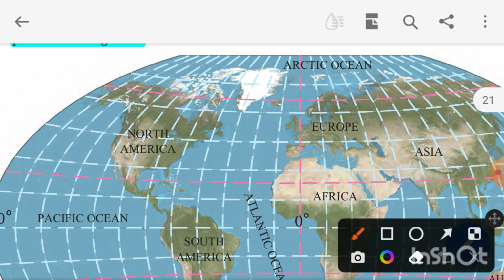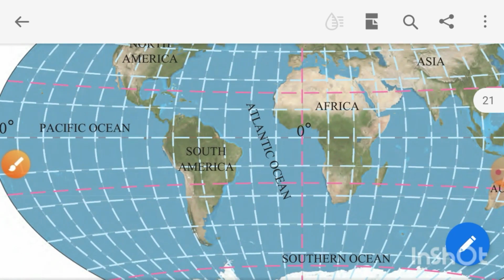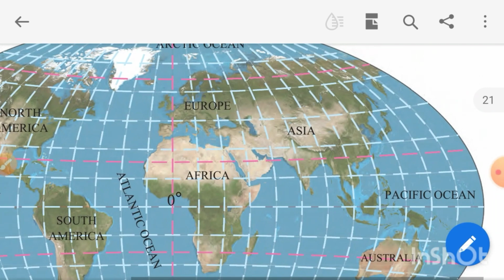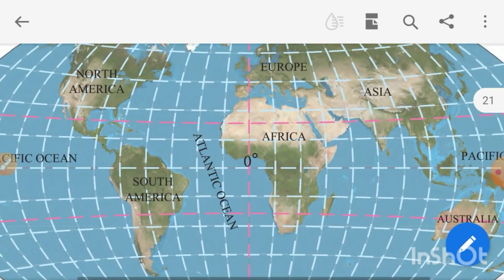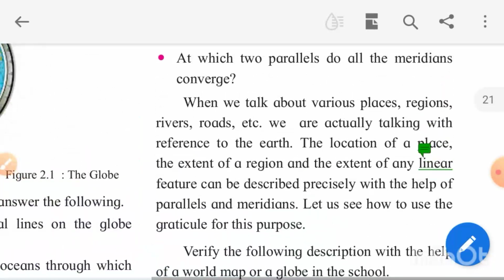And yes, the Pacific Ocean and the Atlantic Ocean, as they pass through the equator, you can see it's spread here in the northwest, and it's also there in the east and the southern part. Okay, so it's the Pacific and Atlantic Ocean which are spread in all four hemispheres.